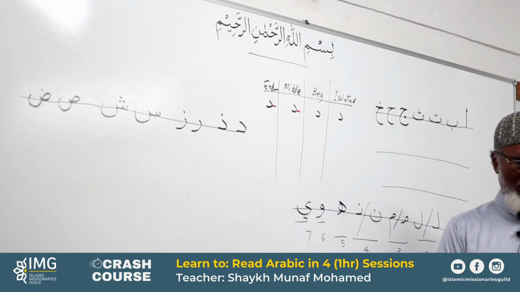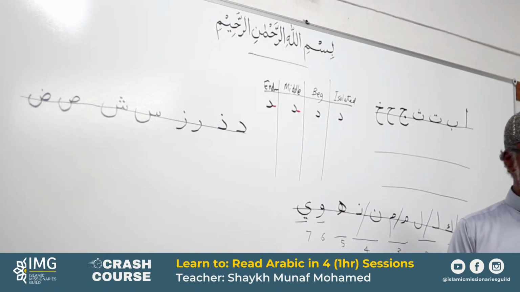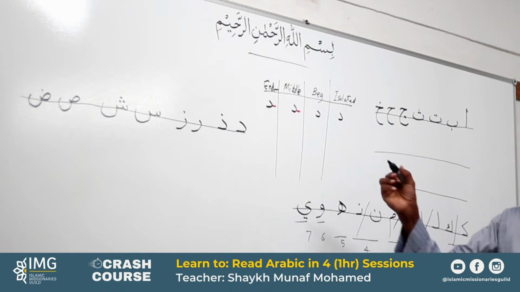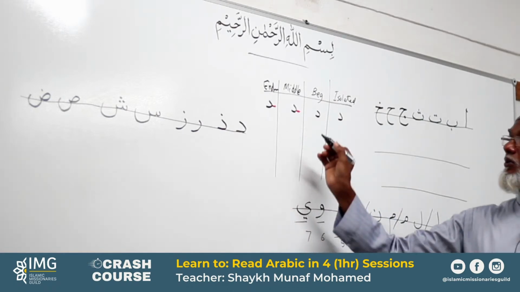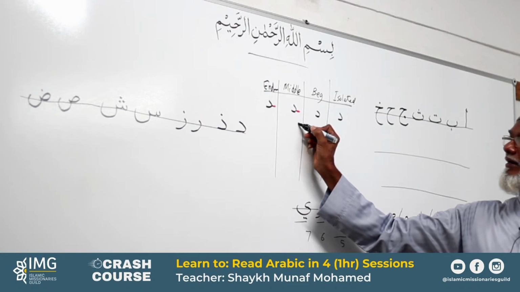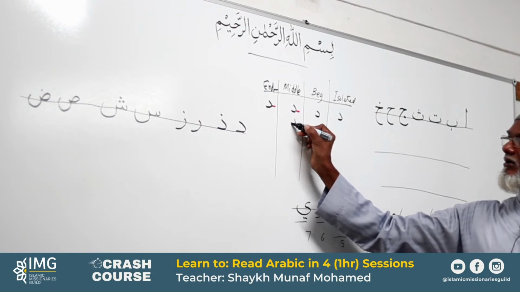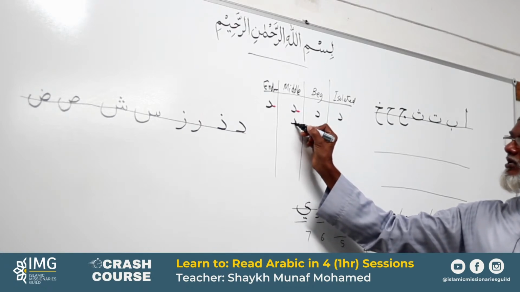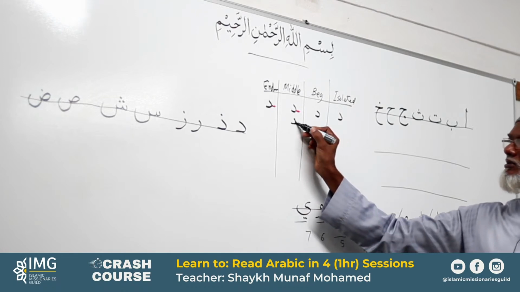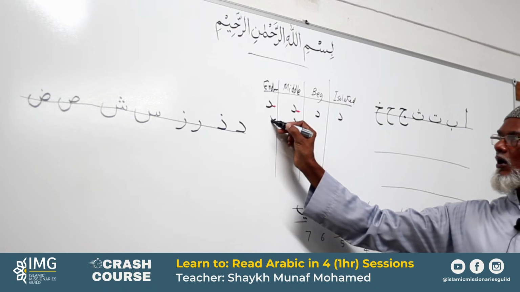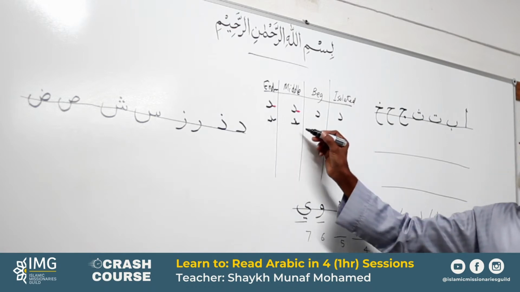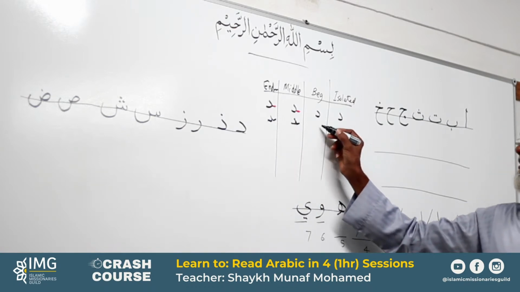Normally, most of the books that are written don't highlight it like this. So they will write the dal like this. So it becomes confusing, I mean, it's difficult for the student to remember. This one letter looks like this, and sometimes it looks like this, and so on. The same color.